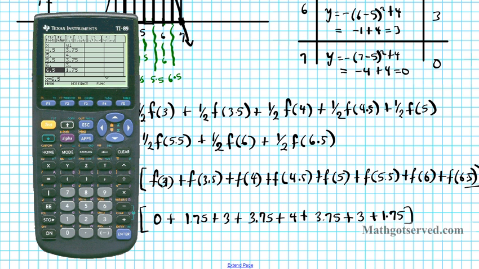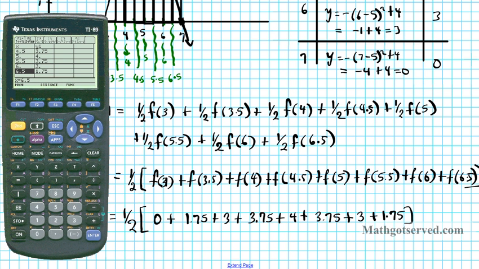All right, so let's have our calculator help us finish this off. Let's go back to the home screen. We're going to have 1/2, in parentheses, 1 divided by 2, times 0 plus 1.75 plus 3 plus 3.75 plus 4 plus 3.75 plus 3 plus 1.75.